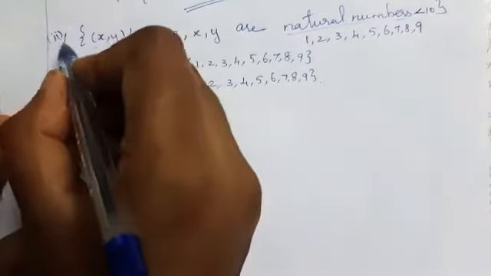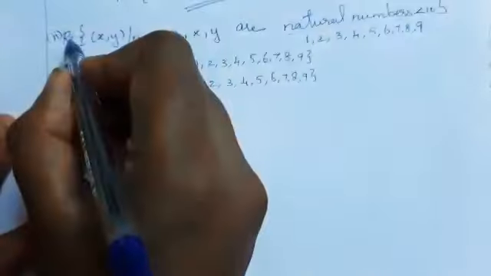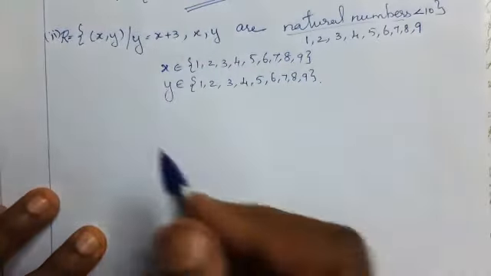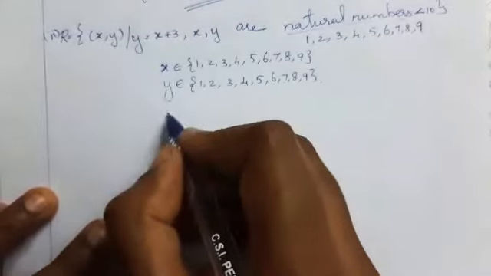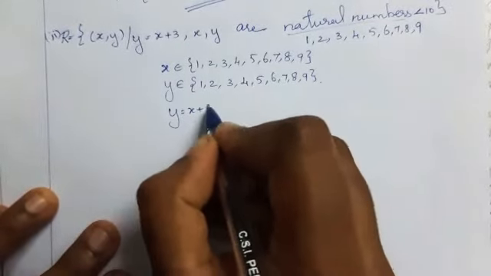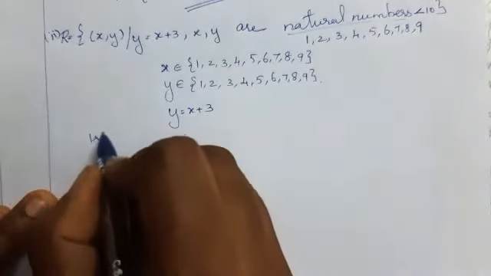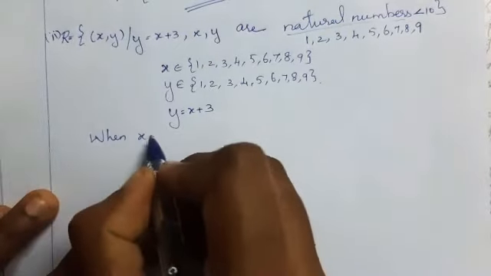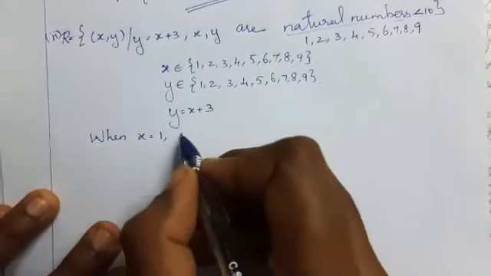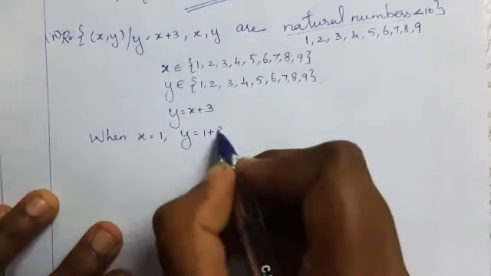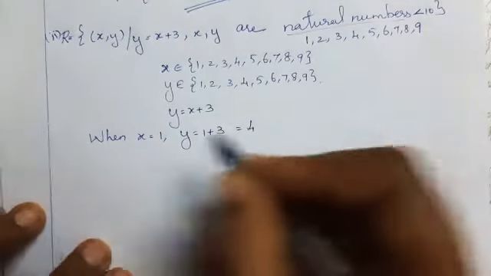Your relation in the builder form is this. You have a formula y is equal to x plus 3. When x is equal to 1, y is equal to 1 plus 3, that is equal to 4.